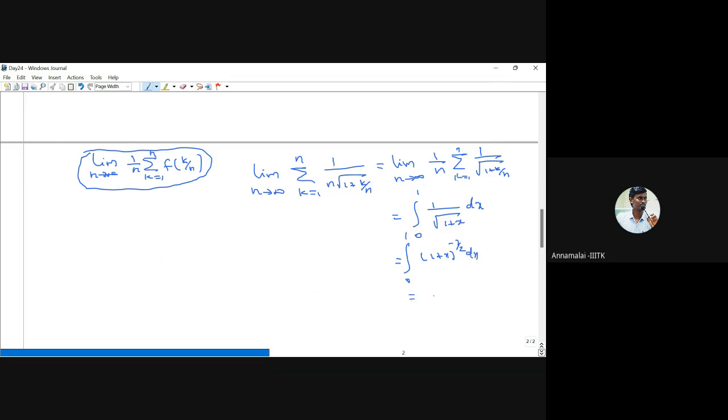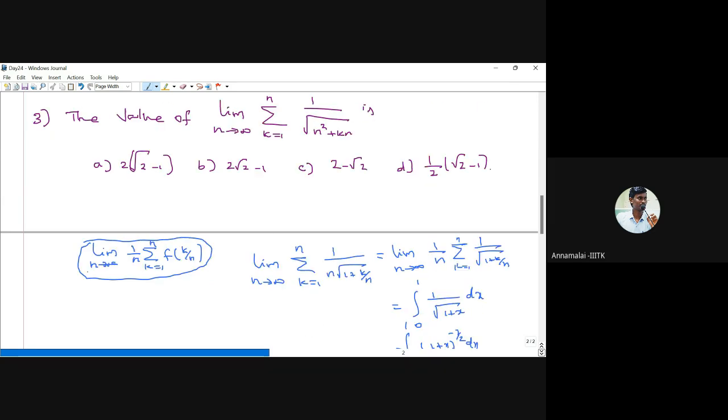Adding 1 to the power, we get 1 plus x power plus 1 by 2 divided by 1 by 2, from 0 to 1. 1 by 2 is nothing but 2, so 2 into, substitute upper limit: 1 plus 1 is 2, that is square root of 2, minus lower limit 1. Therefore, 2 into square root of 2 minus 1. The first one is the correct answer.